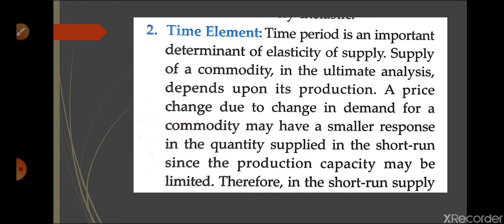He cannot have new machines or new plants, so it is elastic but not perfectly elastic. But when we are discussing the long run, the producer can change the scale of production and supply will be 100% elastic, and he can make whatever change he wants in production. So it is clear, I think.